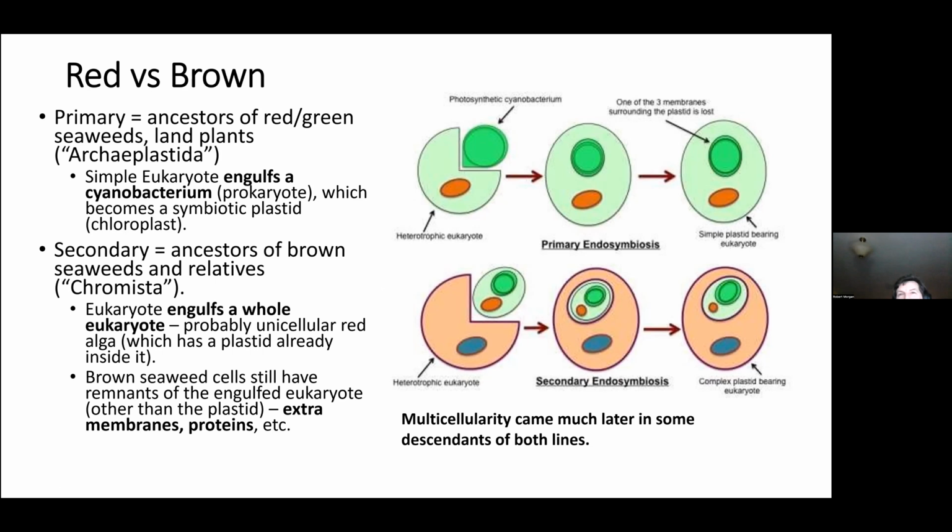So this indicates that this idea of using a cyanobacterium for photosynthesis by capturing it and using its energy has happened at least twice, but happened in different ways in the two different groups.